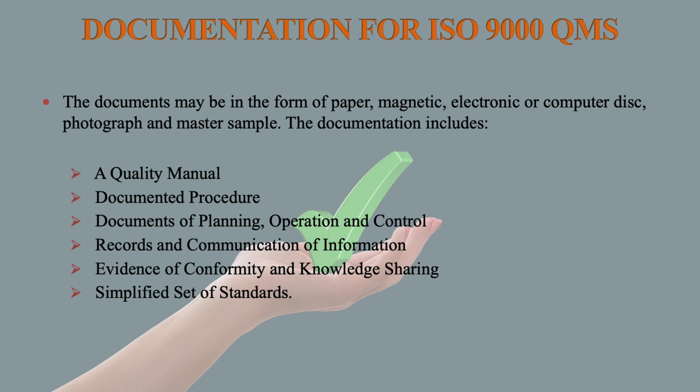It is very much essential for implementation of ISO 9000. The documents may be in the form of paper, magnetic, electronic or computer disk, photograph and master sample. The documentation includes a quality manual, documented procedures, documents of planning, operation and control, records and communication of information, evidence of conformity and knowledge sharing, and a simplified set of standards. These are the various documentation.